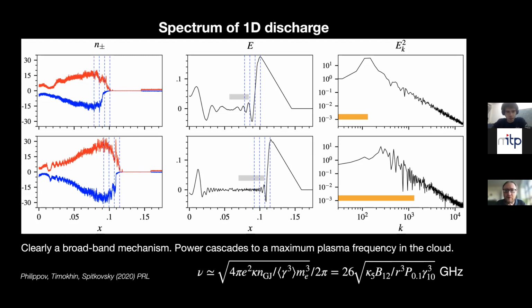In the top row on the left, you see the density, which is equal to 15 of the fiducial densities. As the density gets larger in the bottom row, you start to see smaller scale oscillations in the electric field. This is like higher frequency structures in the emission. We think this mechanism is promising to explain the broad bandness of the emission, because you see pulsars all the way from more or less 30 megahertz to now tens of gigahertz.